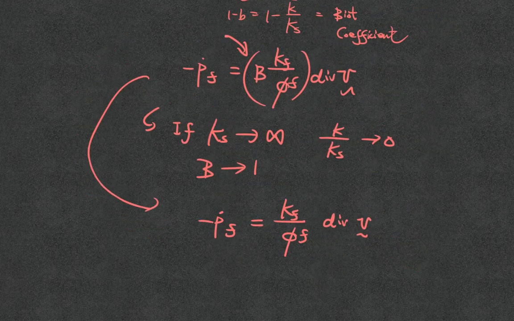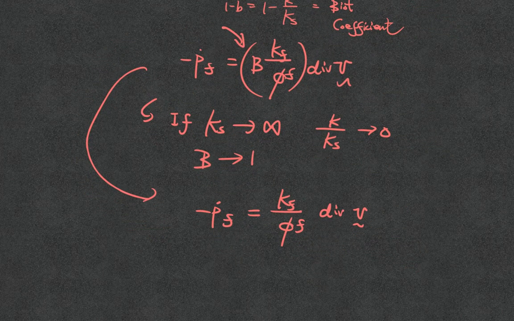But if you look at the equations, it's actually linear to the Kf. On the other hand, Kf is actually part of the slope of the volume change of the fluid.